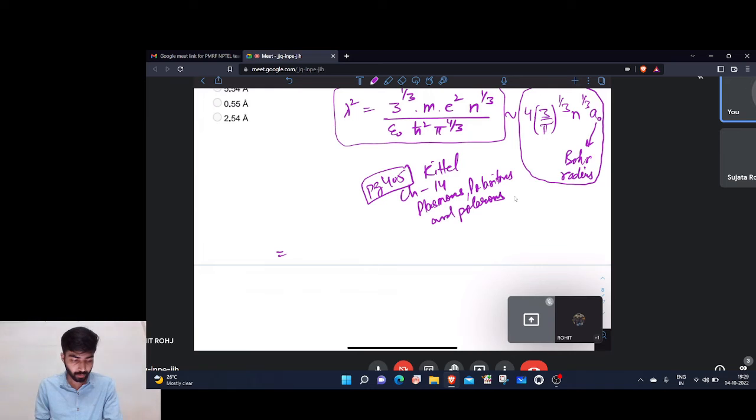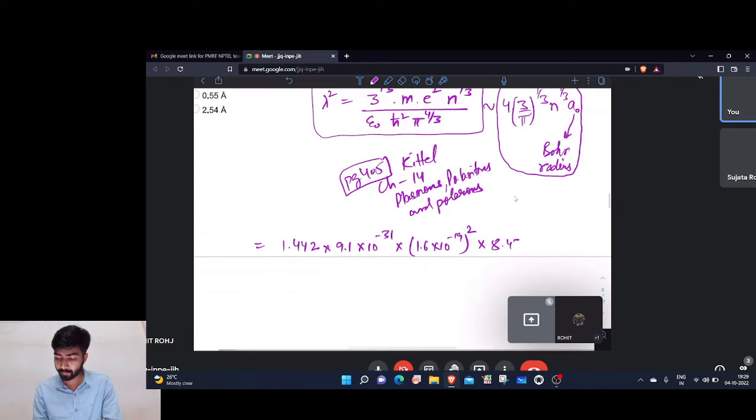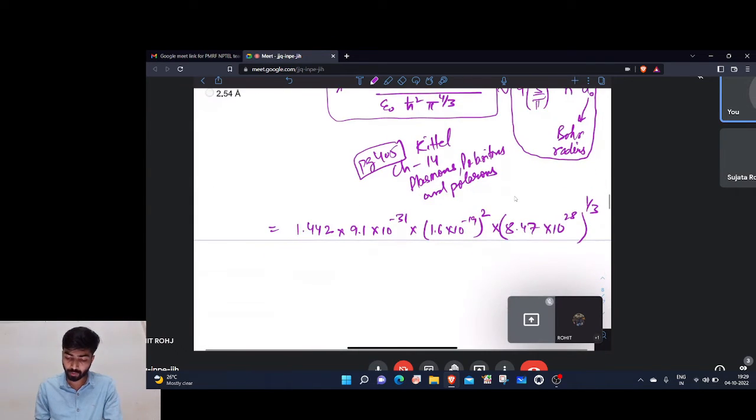So 3 raised to the power 1 by 3, if one evaluates it, turns out to be 1.442, multiplied by mass of electron 9.1 into 10 to the power minus 31 kg, 1.6 into 10 to the power minus 19 as the charge on electron square, multiplied by n, given to us as 8.47 multiplied by 10 to the power 28, raised to the power 1 by 3, divided by epsilon naught, the permittivity of free space, 8.85 multiplied by 10 to the power minus 12.